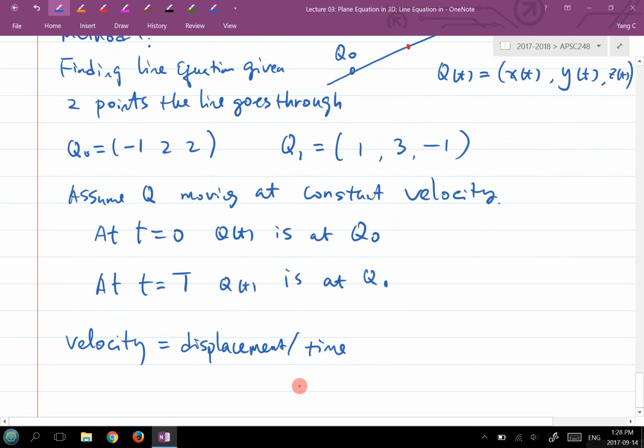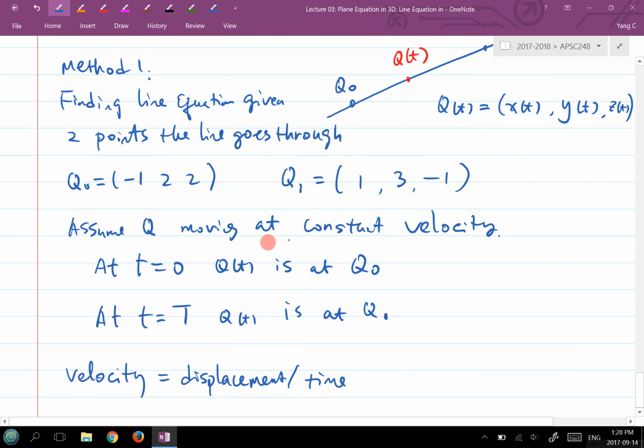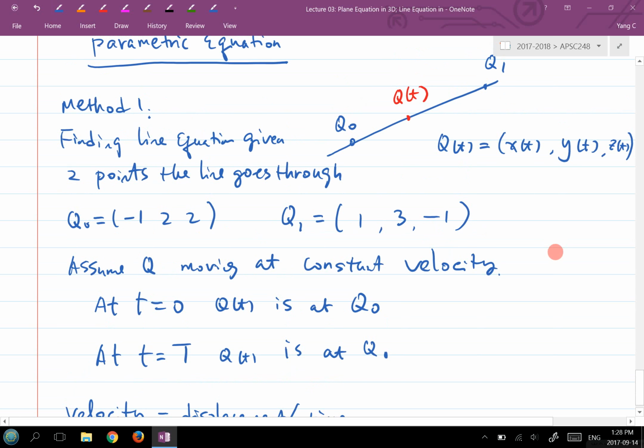Remember, we're considering the Q is moving at a constant velocity, right? So from Q0 to Q, this is how much it travels after a certain amount of time. That's right, t. From here to here, this is how much time it takes. And from Q0 to Q1, how much time did it take? Capital T.